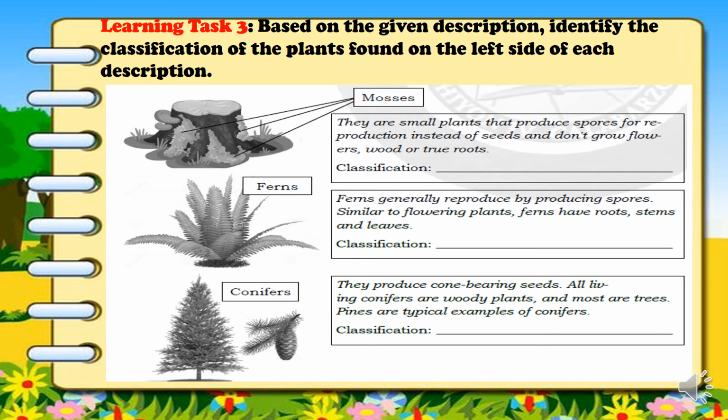For the fern, ferns generally reproduce by producing spores, unlike flowering plants. Ferns have roots, stems, and leaves. Again, you have to identify the classification of that plant. And the last one is the conifers. They produce cone-bearing seeds. All living conifers are woody plants and most are trees. Pines are typical examples of conifers. So identify again the classification of that plant.